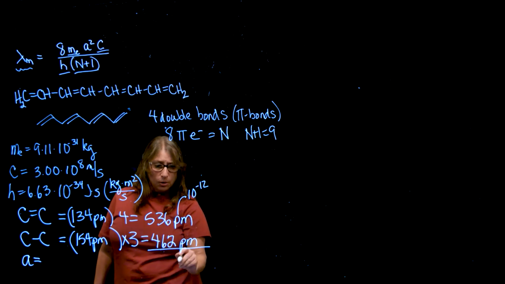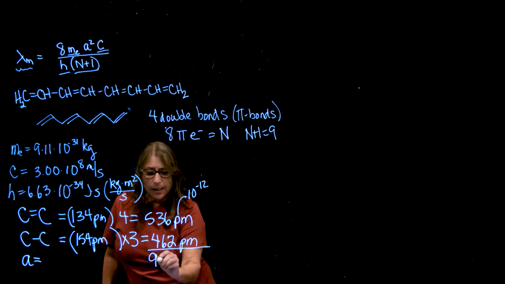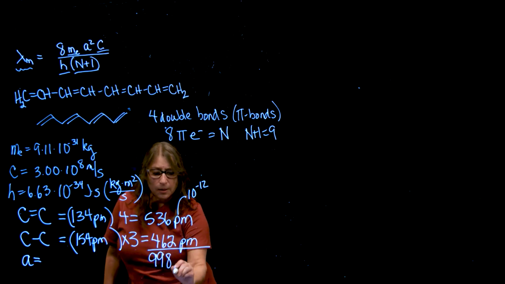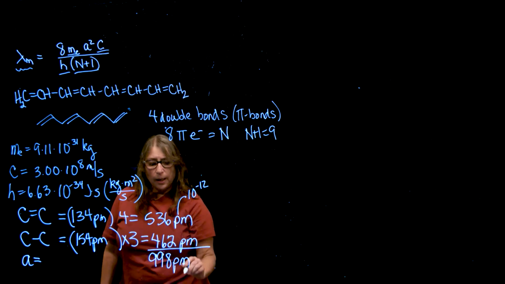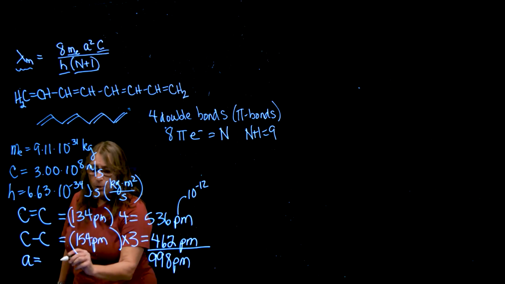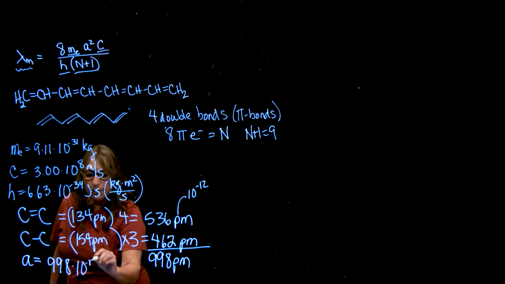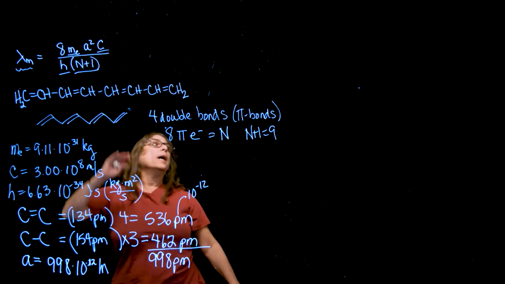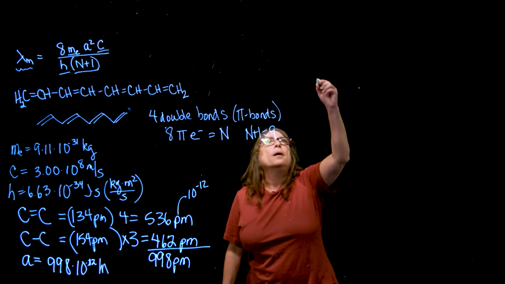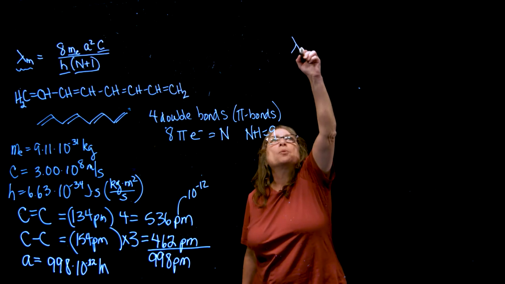And so my total here is 998 picometers. Undoing the pico abbreviation, I have 998 times 10 to the negative 12 meters. So now I have everything I need to calculate my wavelength of maximum absorption.